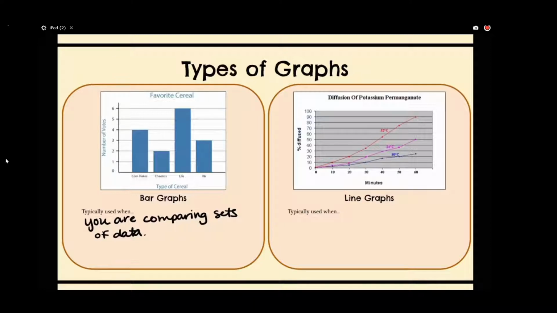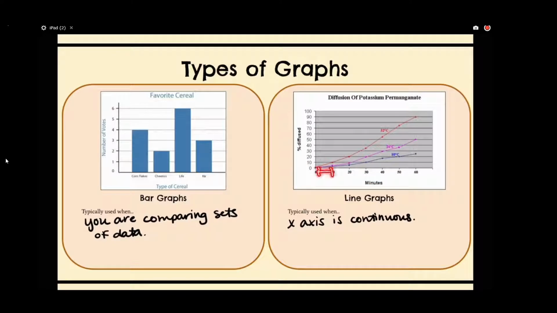Whereas in a line graph, the data is connected. That's usually because the x-axis is continuous. So in this example, data was collected over time, and that time is connected.